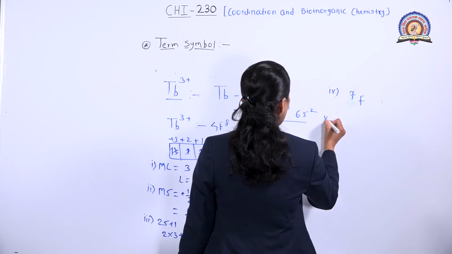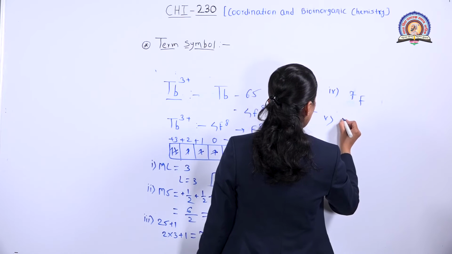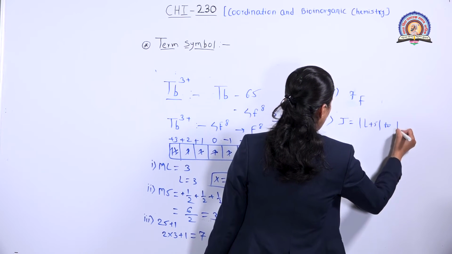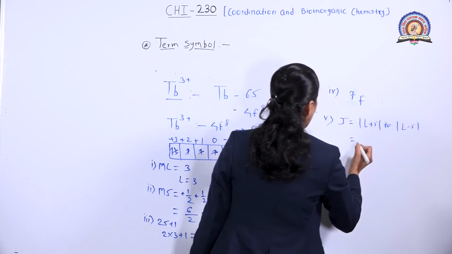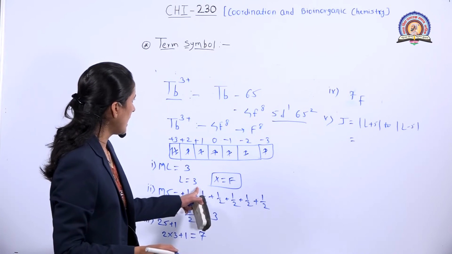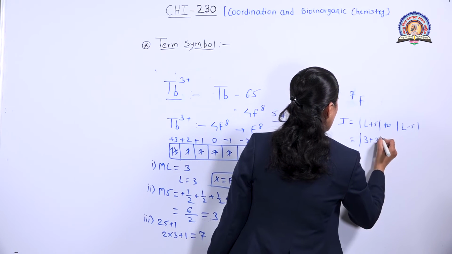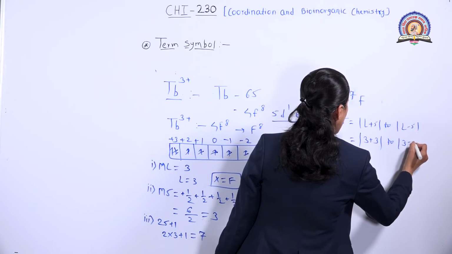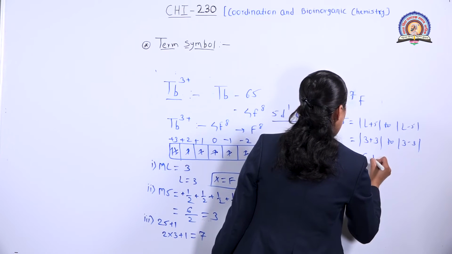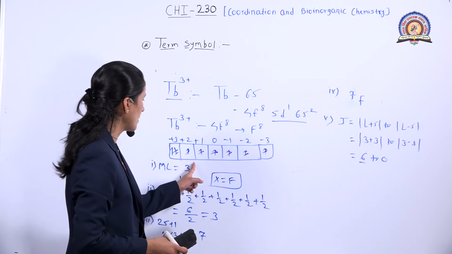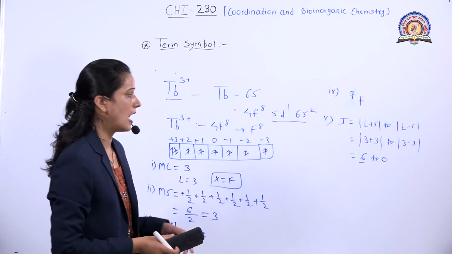Now the last step is the calculation for the J value. J is equal to L plus S to L minus S. What is L? L is 3 and S is 3. So 3 plus 3 is 6, 3 minus 3 is 0, so 6 to 0. But we are interested in L plus S because the configuration is more than half filled.